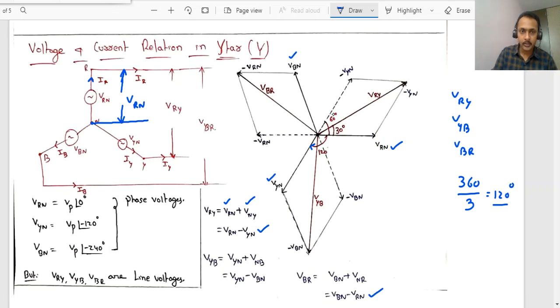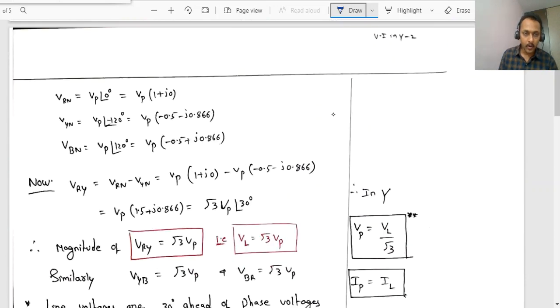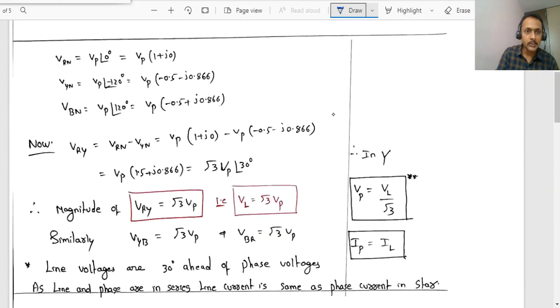Now if you observe, for all the phases the magnitude is the same, but the angle difference is 120 degrees.